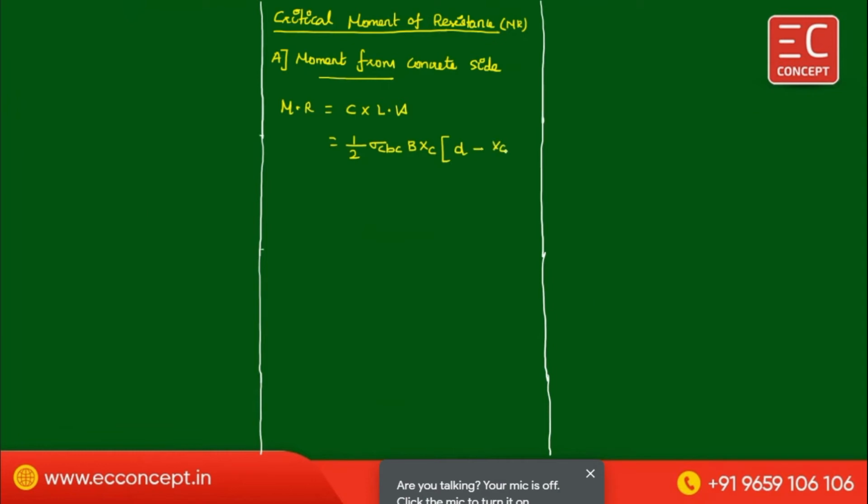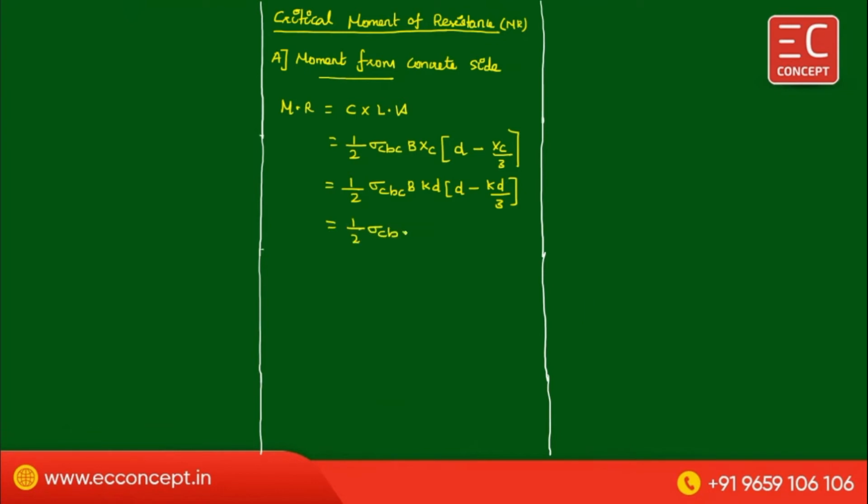Lever arm is D minus XC divided by 3 in the critical section. And we know that 1 by 2 sigma CBC B into XC, where XC is equal to K into D. So it is K into D minus K into D divided by 3. If you take out 1 by 2 sigma CBC B D square common, K into 1 minus K divided by 3, it is equal to 1 by 2 sigma CBC into B D square K J. So this is the moment of resistance.